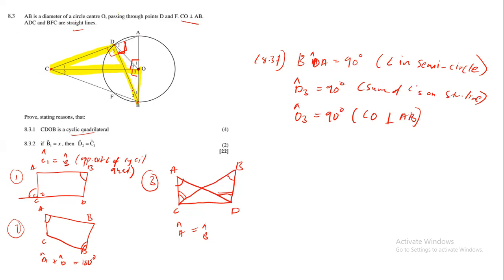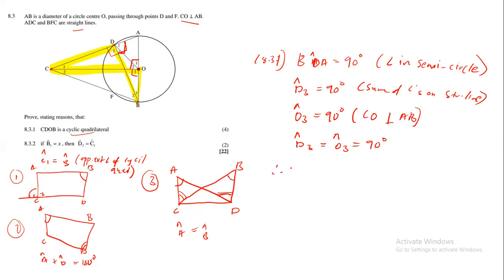That means O3 is going to be 90 degrees. Therefore, you are safe to say angle D3 is equals to angle O3, whereby both of them are equals to 90 degrees.